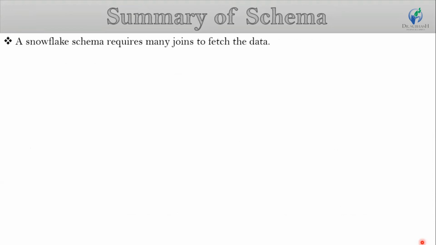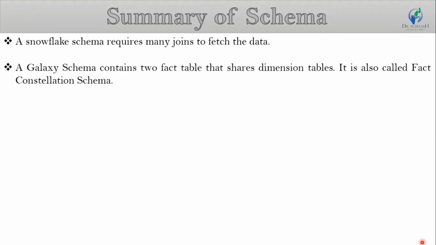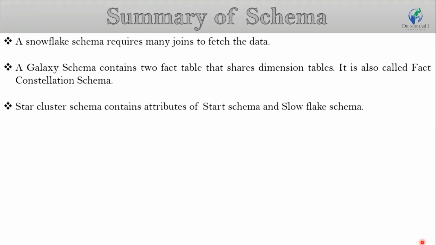A snowflake schema requires many joins to fetch the data. Galaxy schema contains two fact tables that share dimension tables. It is also called fact consolidation schema. Star cluster schema contains attributes of star schema and snowflake schema.